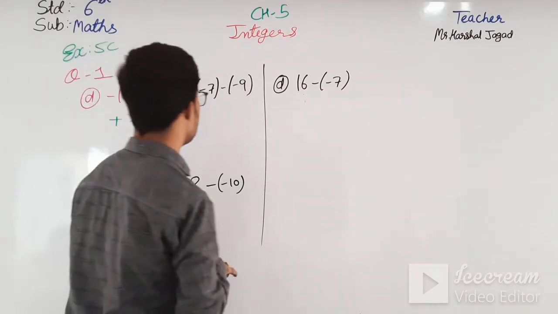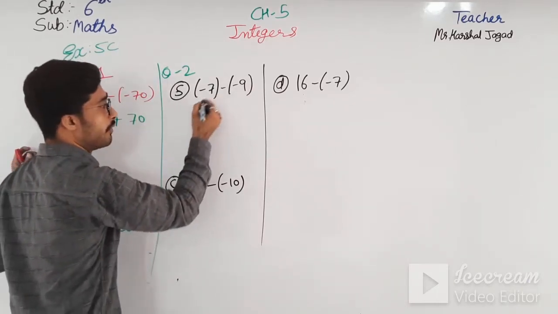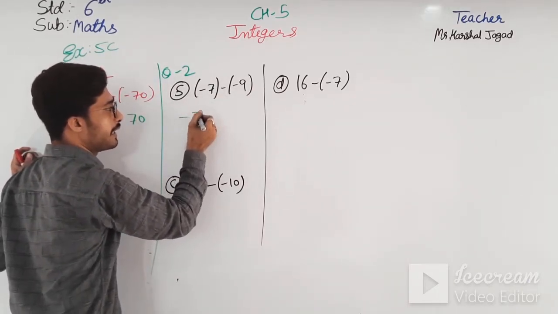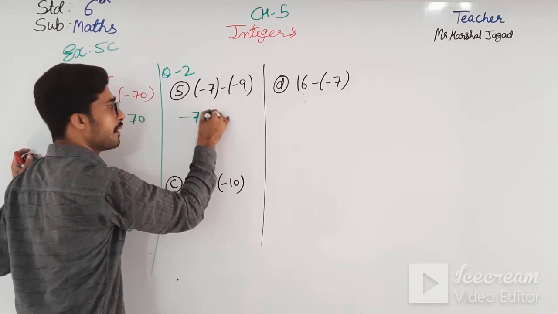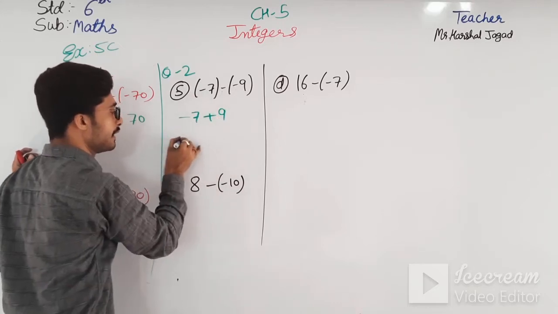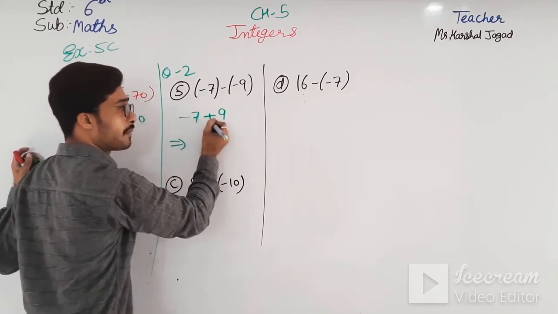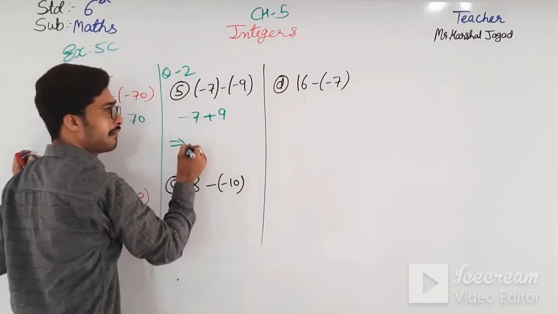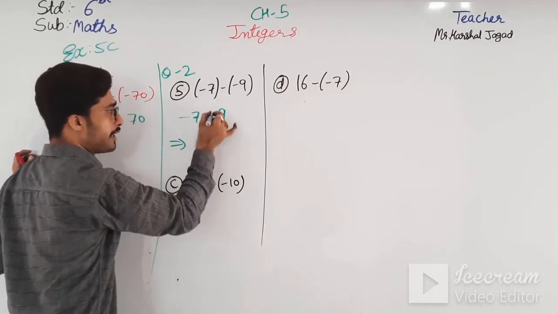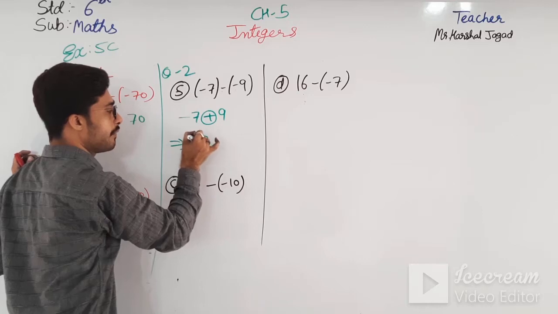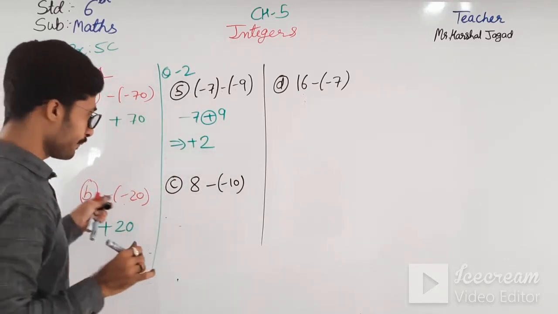So here first of all it will be minus plus 9. So minus plus minus, 9 minus 7 is 2. Here the bigger number has plus sign, so here it will be plus 2.